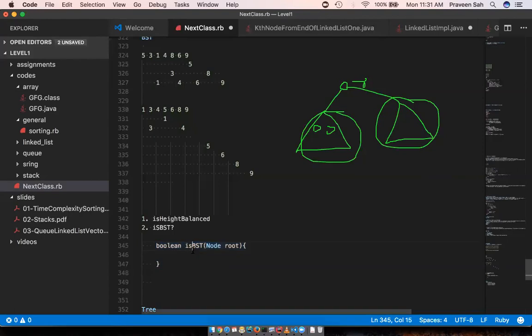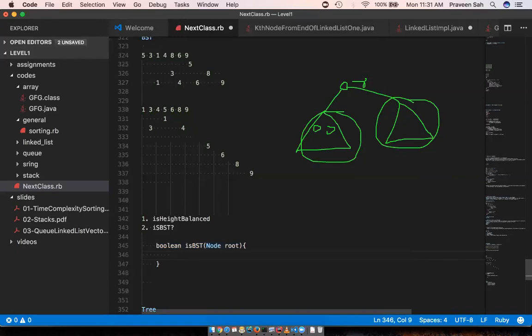Then go one level down and do recursively the same thing. If it is not, then we have to reorder. Don't reorder, just return false.